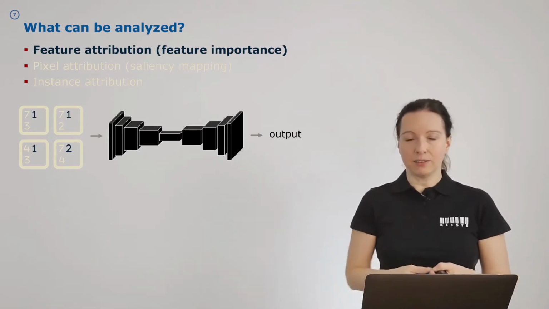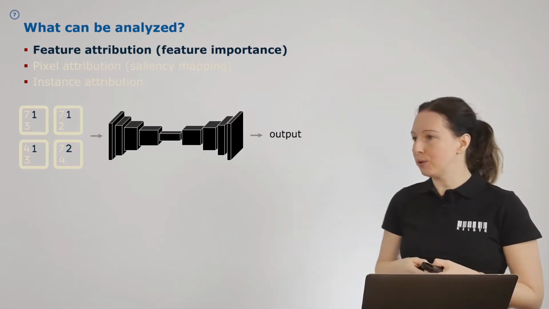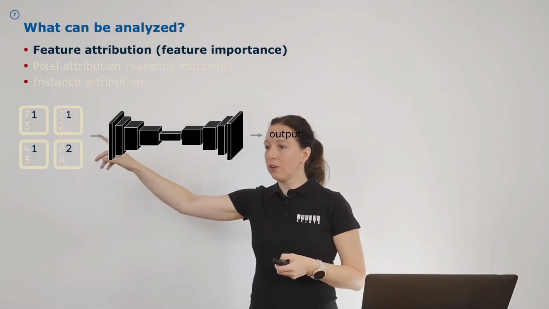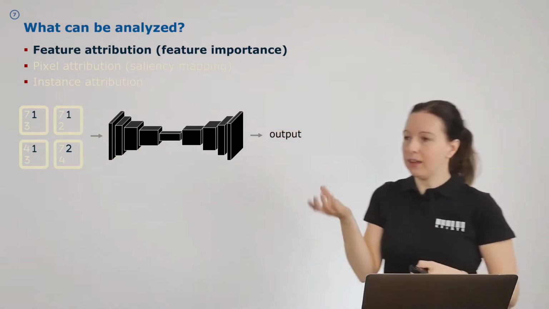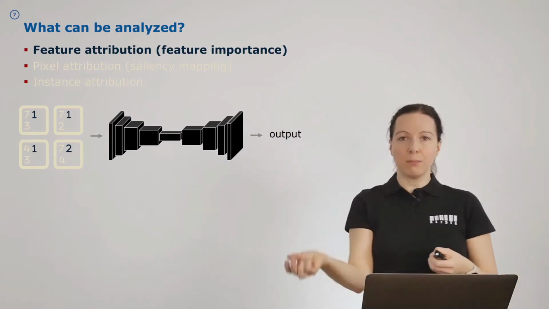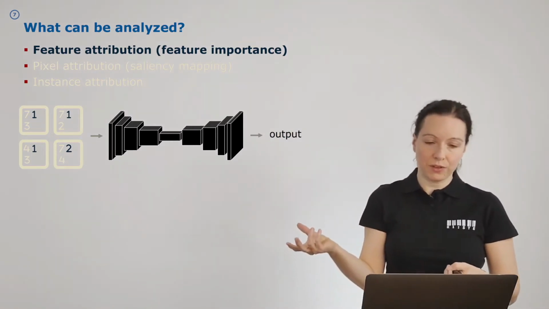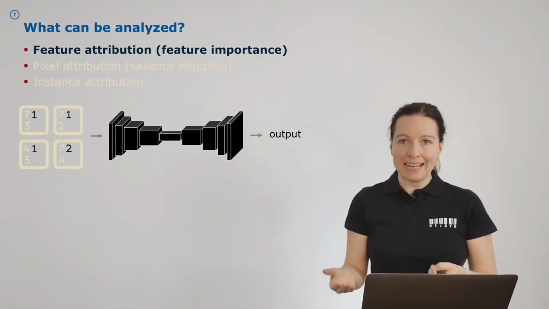This can be done for a single instance or for the whole data set, and this is also illustrated here. So you have different instances, and here highlighted is one feature dimension, and you want to analyze the importance of this specific feature dimension. A related term is feature selection.